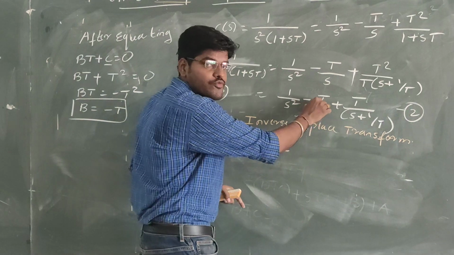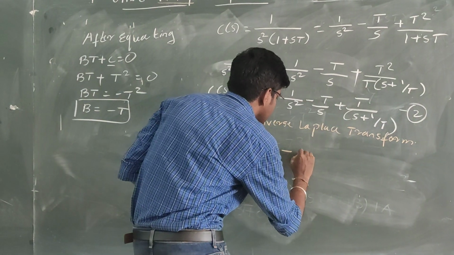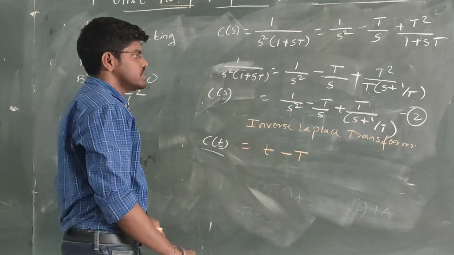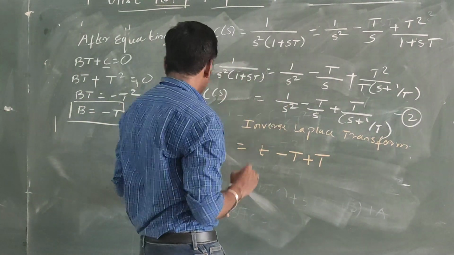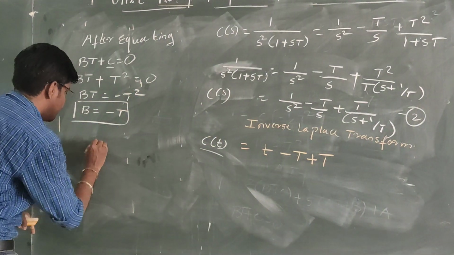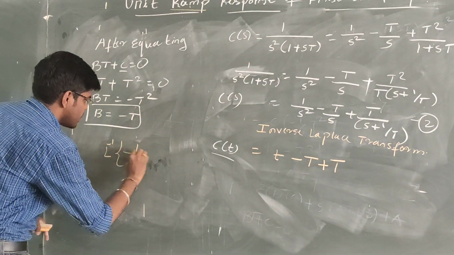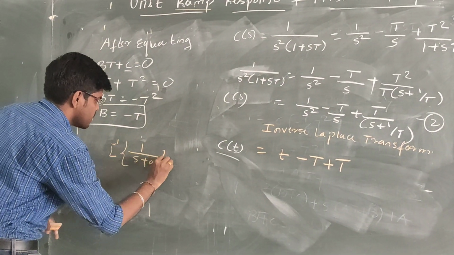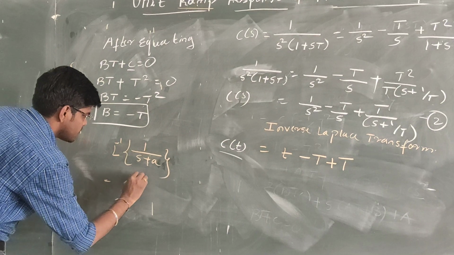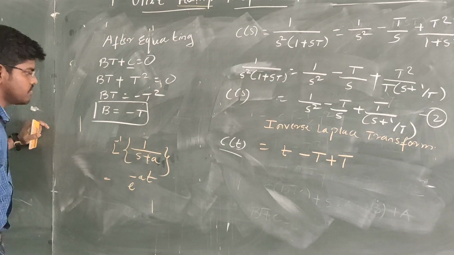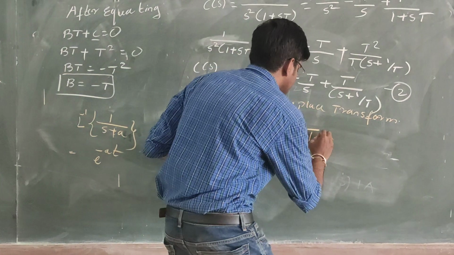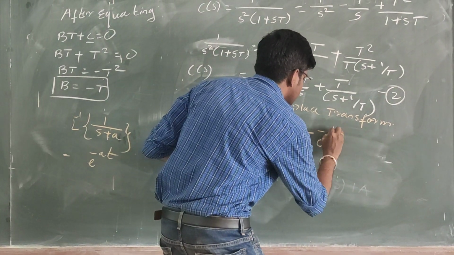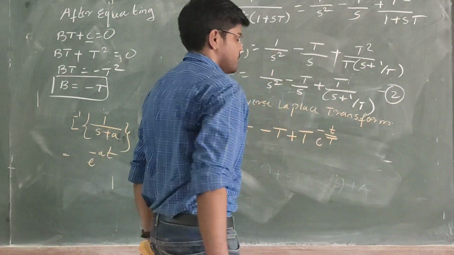Inverse Laplace transform of 1 by s is 1, multiplied by capital T, it's capital T. So plus T into, we know that the inverse Laplace transform of 1 divided by s plus a is e raised to minus at. Right? So use this condition here. It's T into e raised to minus t by capital T.